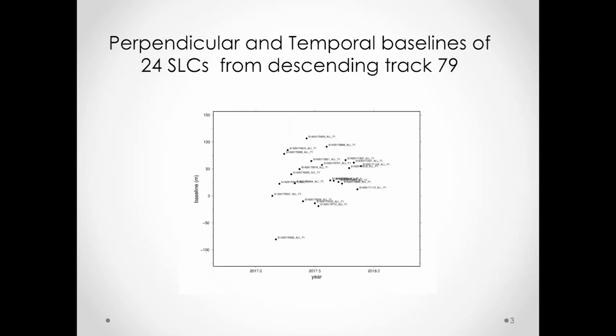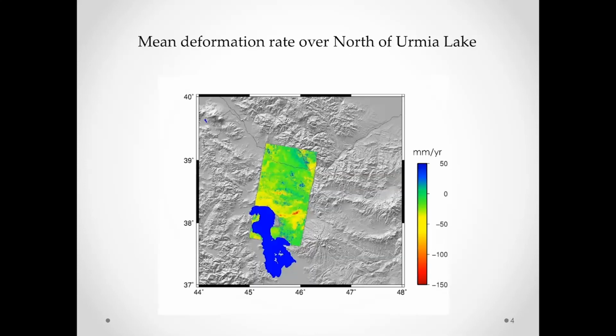Yeah, so I processed 24 SLCs from descending track 79, mostly in 2017. As you see, this is a plot of perpendicular baseline and temporal baselines, and I formed about 53 interferograms. Would you please go to the next slide? Okay.